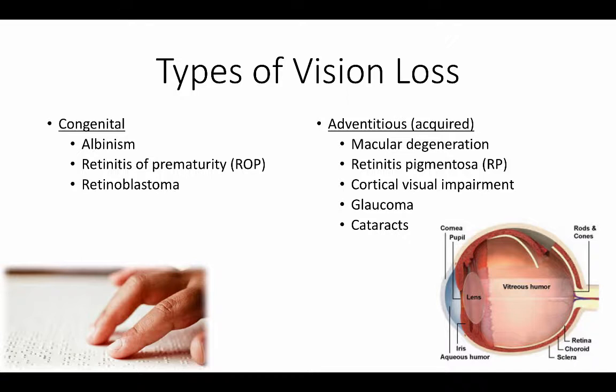So albinism is the first one we're going to talk about. It's an inherited genetic condition that reduces the melanin pigment formed in your skin, hair, and eyes. So there's really no pigment of color in their skin, hair, and eyes. It occurs in all racial and ethnic groups around the world. About 1 in every 20,000 people in the US will have some type of albinism.